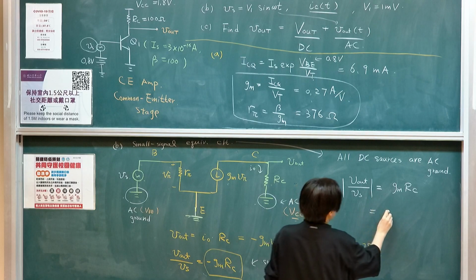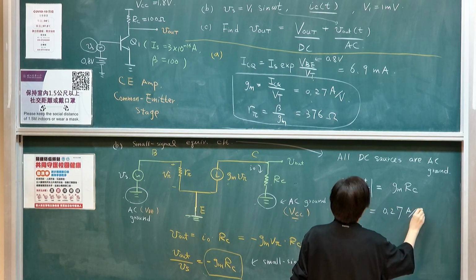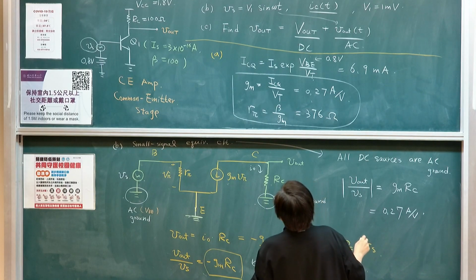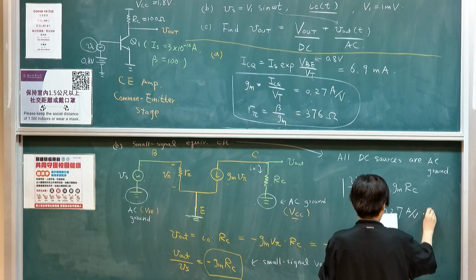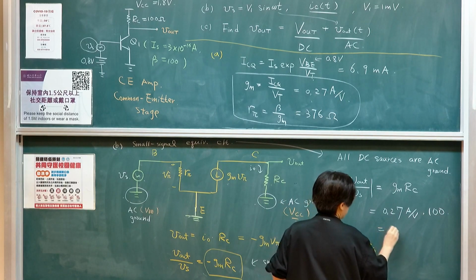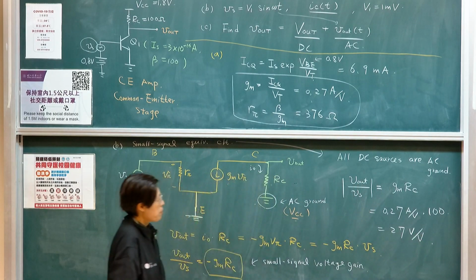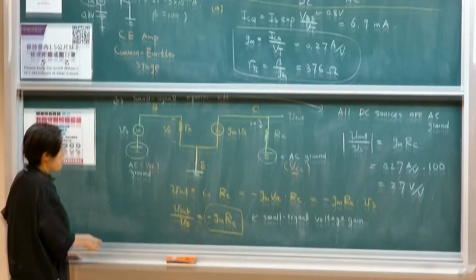And here our gm is 0.27. My RC is 100. So I'm having a gain of 27 volt per volt. Okay? This is to say my output voltage.